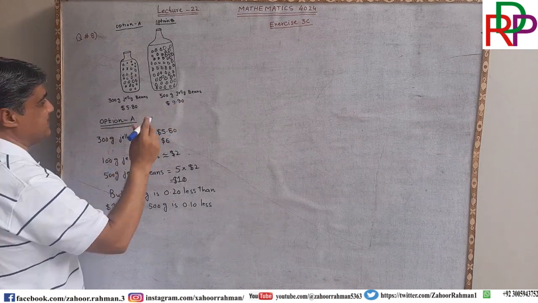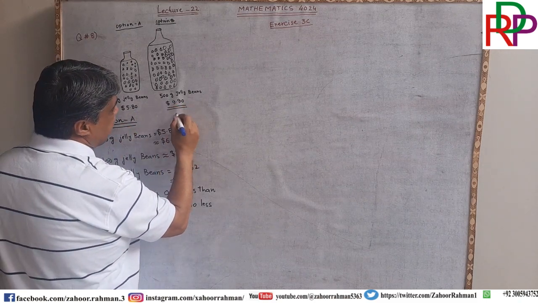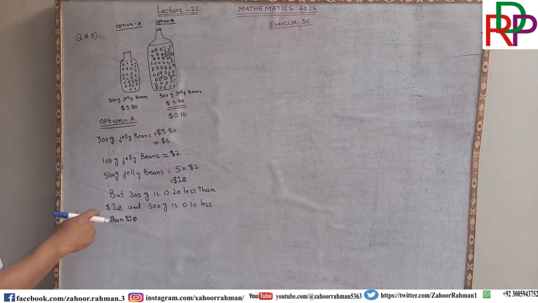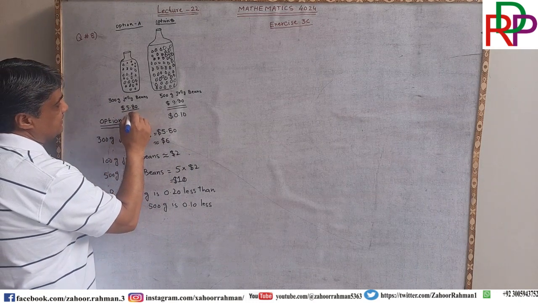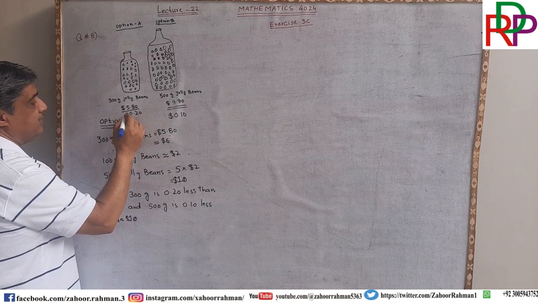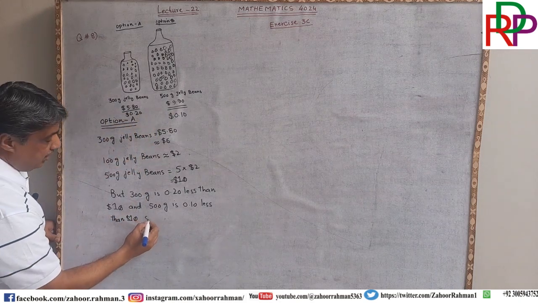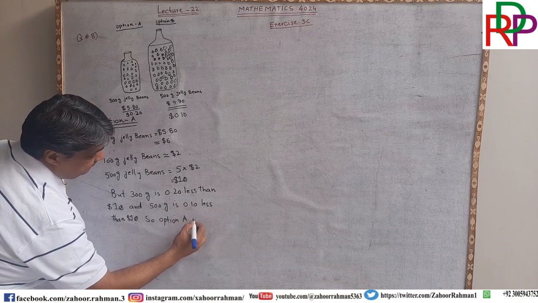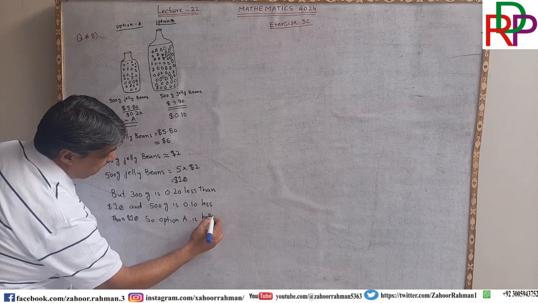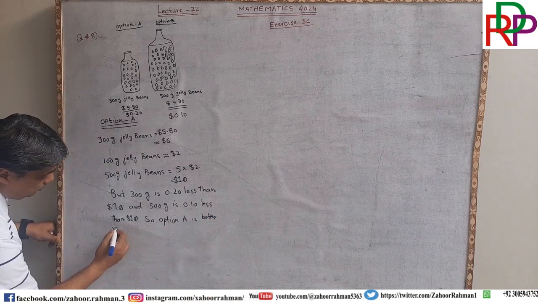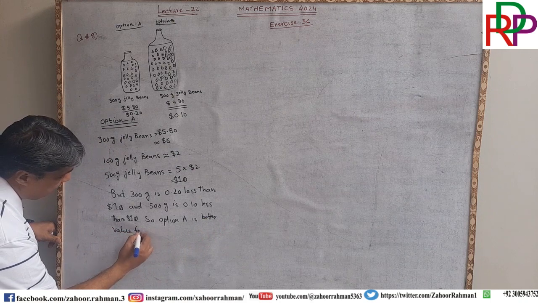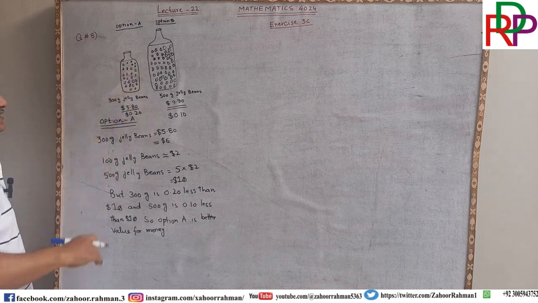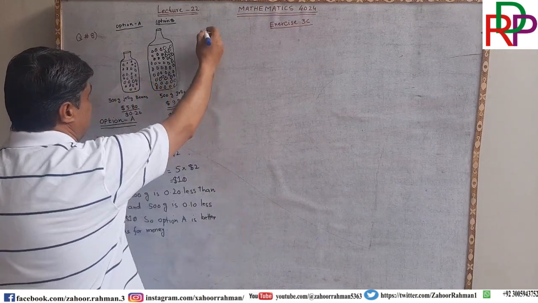So it means that this one is how much less? $0.10. Yeah, cents you can say. And here this one is $0.20 less. So option A is better value for money. Yes, if you are buying this one, then you will take the advantage.